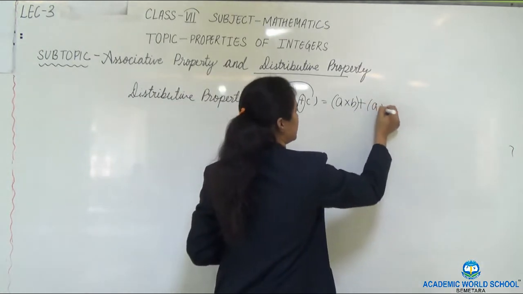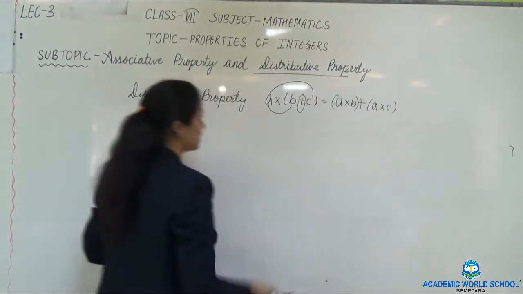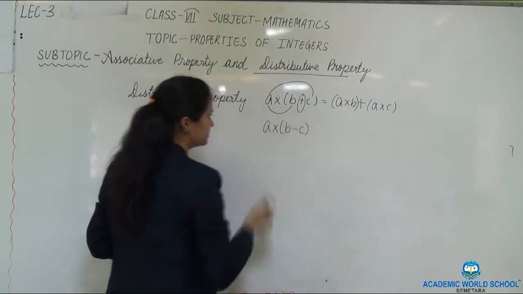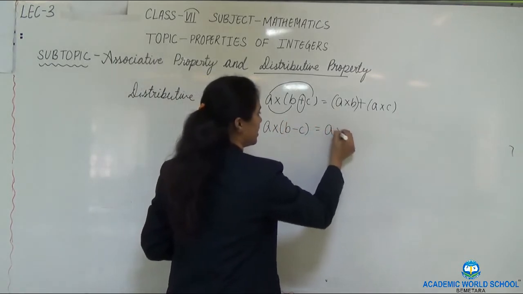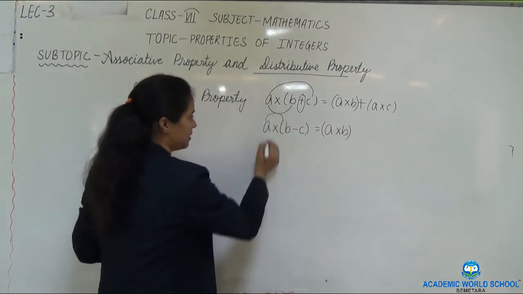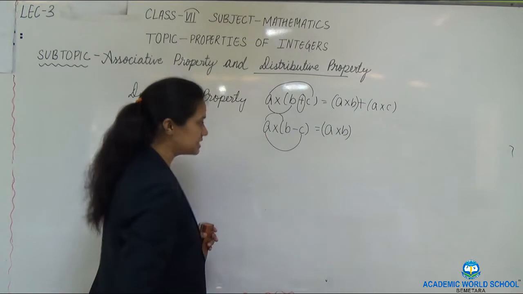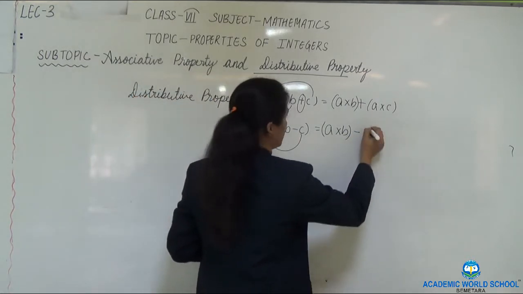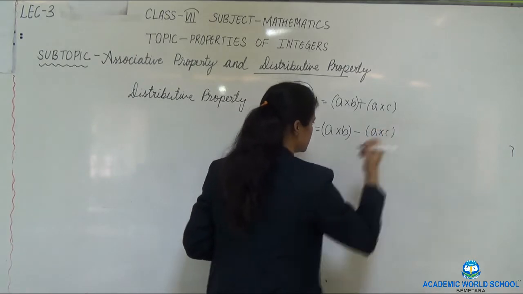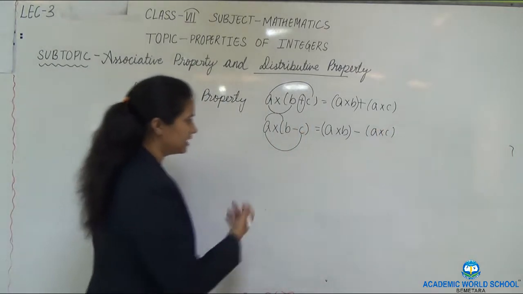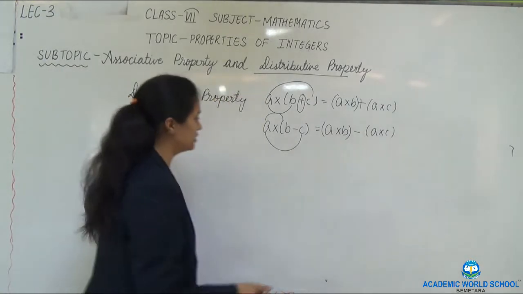And A × C. If I take A × (B - C), again A will multiply with B and A will multiply with C. The sign over here is minus and A × C. Now considering our example, let us see whether it is true or not.